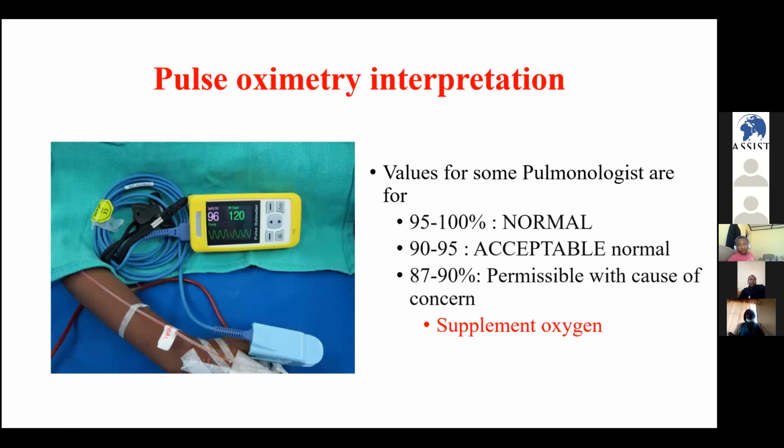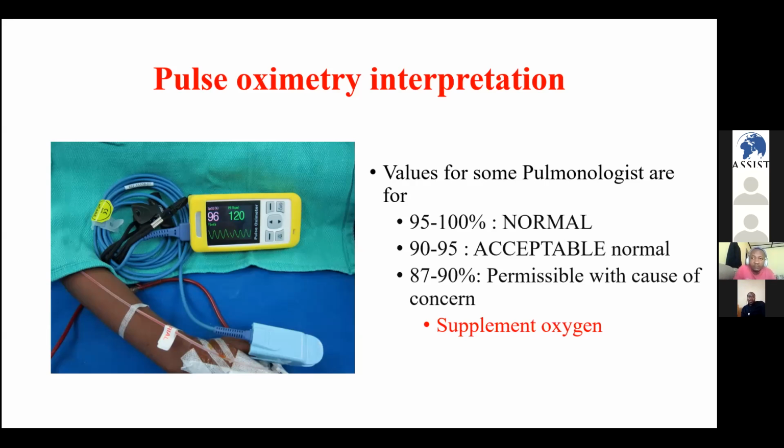All right, for the pulse oximetry readings interpretation. Generally, patients with normal saturation are between 95 and 100%. Between 90 to 95% is considered low, hypoxemia, or acceptable in certain circumstances.